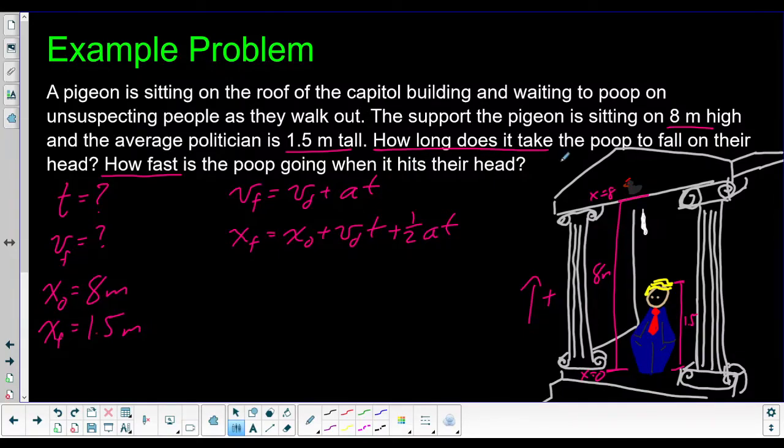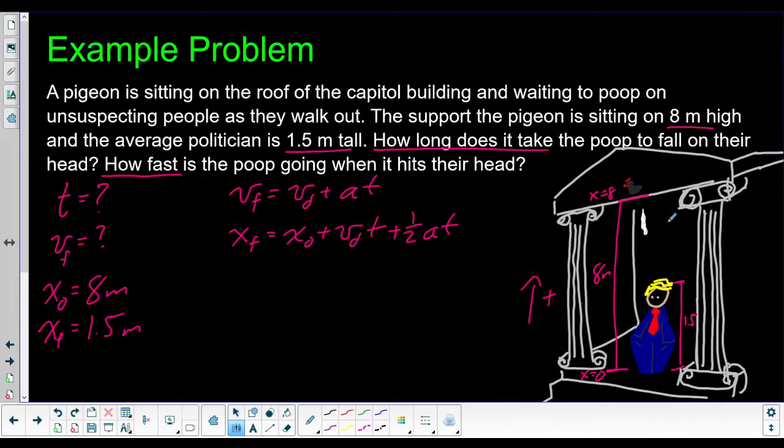All right. That looks like all the information they tell us. So we're going to have to use some of the stuff that we learned from the rest of the lecture, and we're going to have to make some assumptions, which is often the case in a physics problem, but that's okay. So, is the poop accelerating? Will the poop speed up as it falls down? Yes, of course.